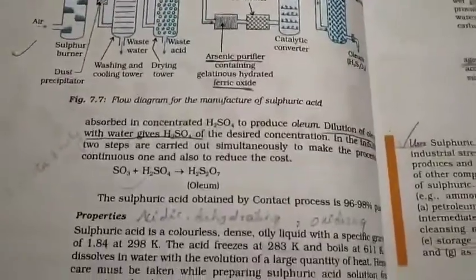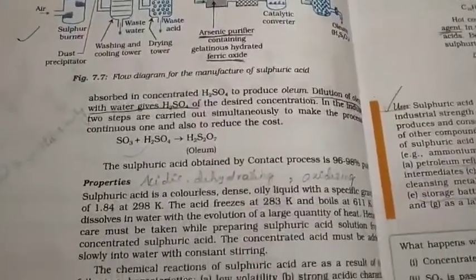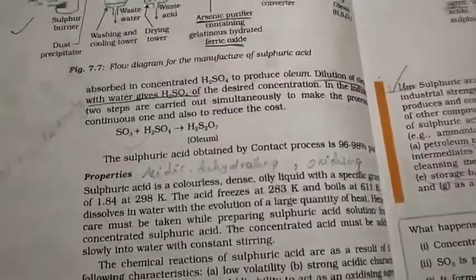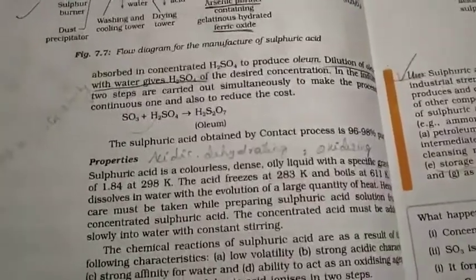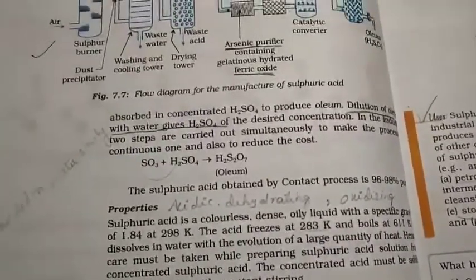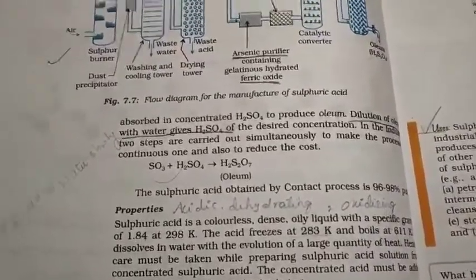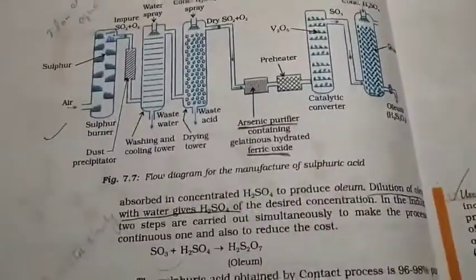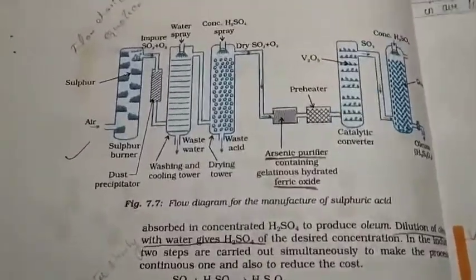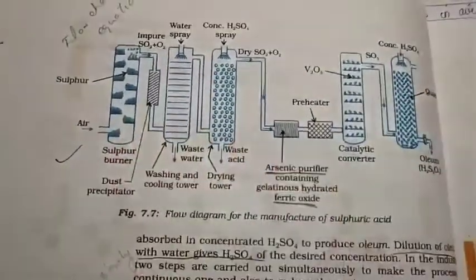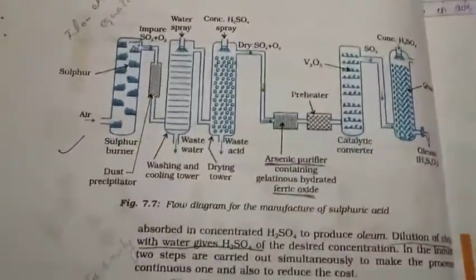As I have mentioned, in this case the maximum concentration of sulfuric acid you are going to obtain will be 96 to 98%. Is that clear? So these were the important parts of the preparation of sulfuric acid, and this was your flow chart in the manufacture of sulfuric acid.